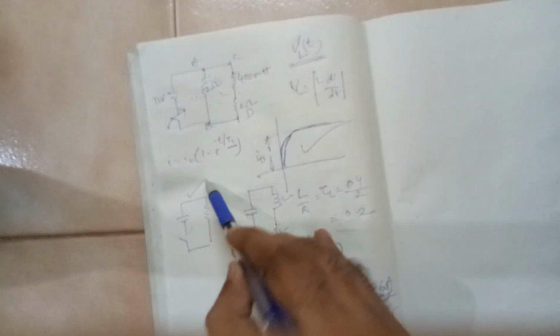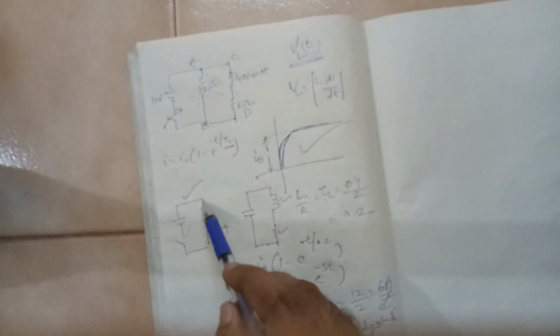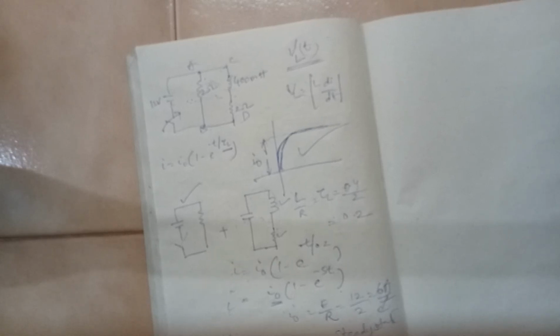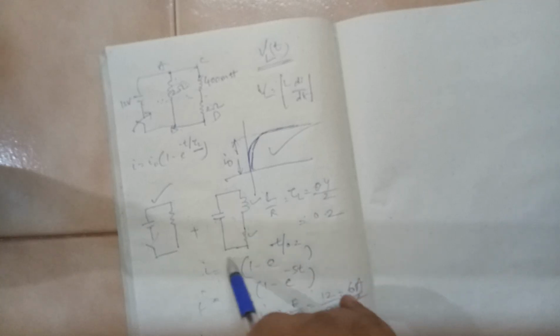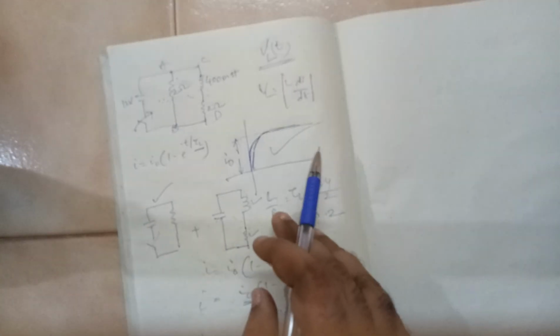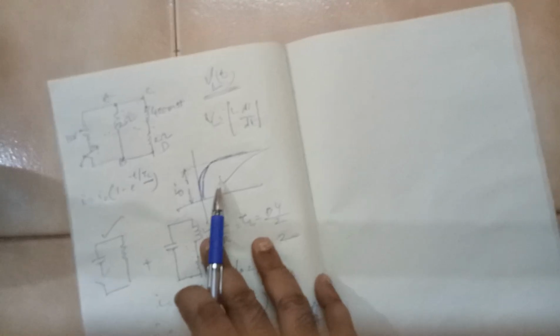In this part, once you open it, no current will flow. But for the second part of the circuit, that is not the situation. There will be a decay of current and that decay will again be exponential.